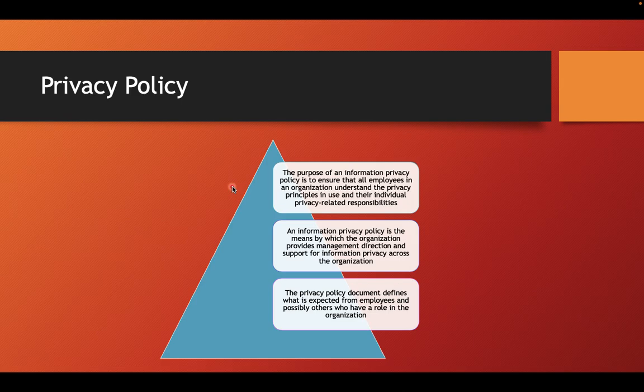Also, an information privacy policy is the means by which the organization provides management direction and support for information privacy across the entire organization. The privacy policy document defines what is expected from the employees and possibly other things that have a role in the organization.